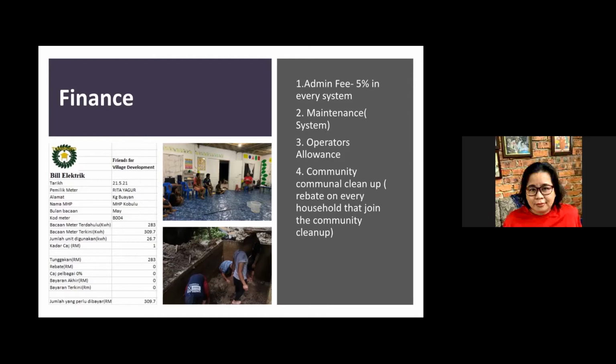Usually the rebate costs about 15 ringgit per household. These are examples of the electricity bill that we give to the community. We can see there's one column that says rebate. If the household has joined a community cleanup, they will get a rebate there. It is one way of reducing their electricity bill.